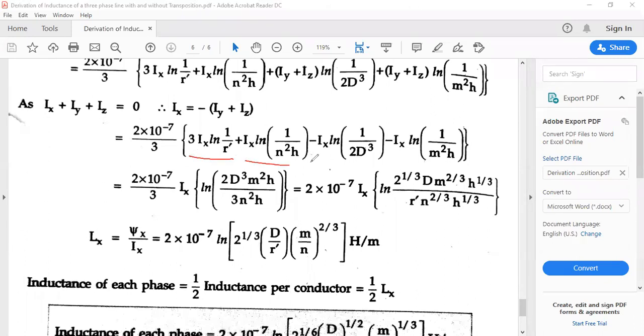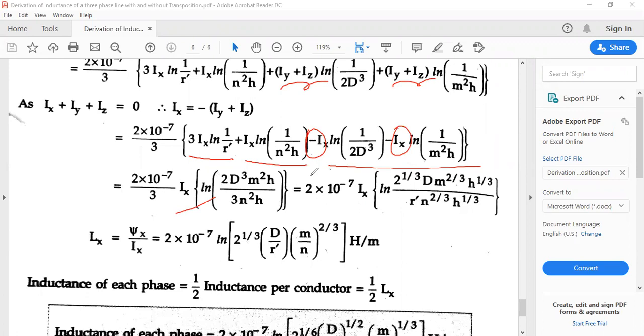So 3 times ix plus ix minus ix is being there as a common factor. iy plus iz is taken as a common factor, and minus ix is being given there.